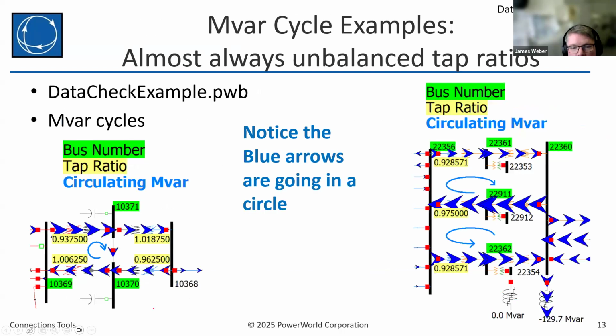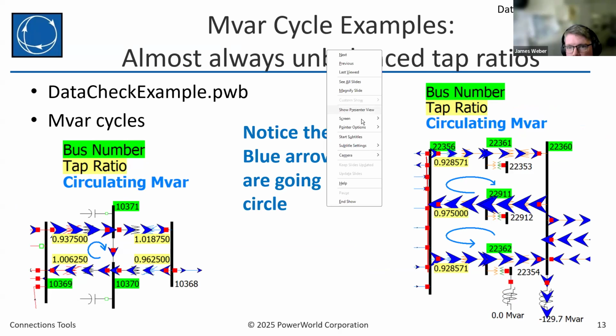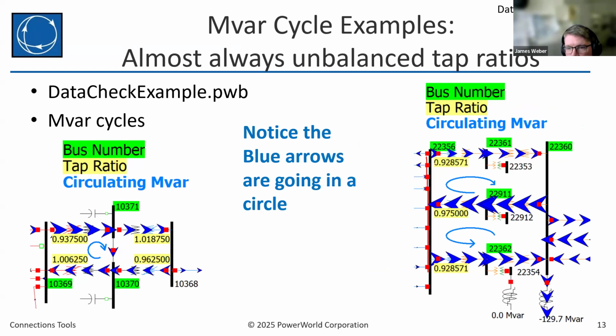So the examples that you'll see in a case are, here's a couple pictures. Let's look at this one on the right to start with. These are 3-winding transformers, but the main windings are here and here.